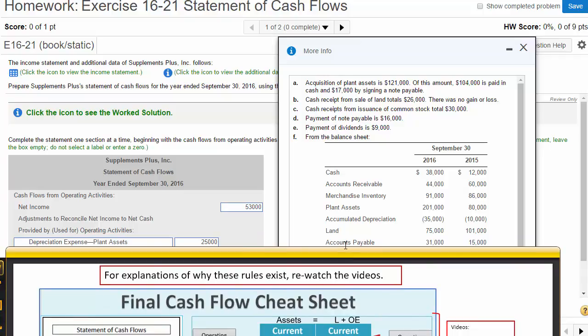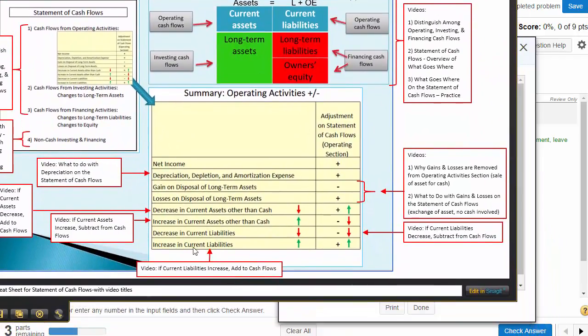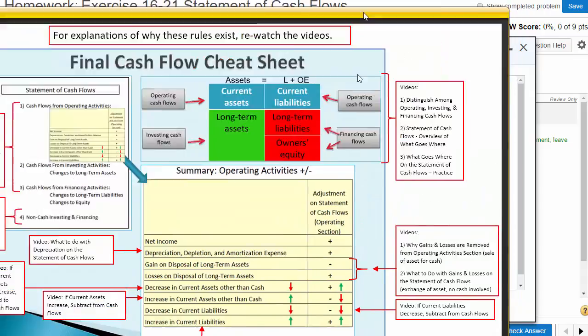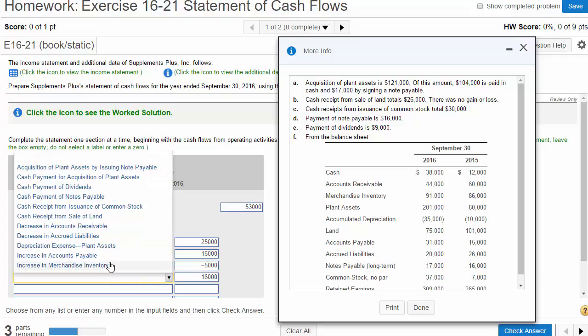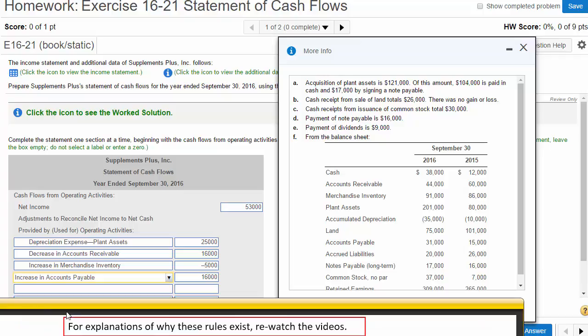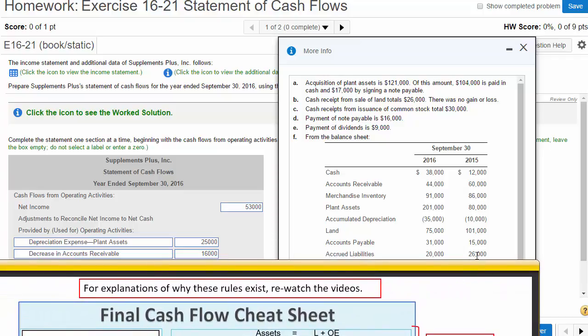Now we've got to analyze our current liabilities. So it looks like AP increased by $16,000. The rule is if there's an increase in current liabilities, we add. So that's going to be a positive 16,000, increase in AP. Next, it looks like a decrease in accrued liabilities.